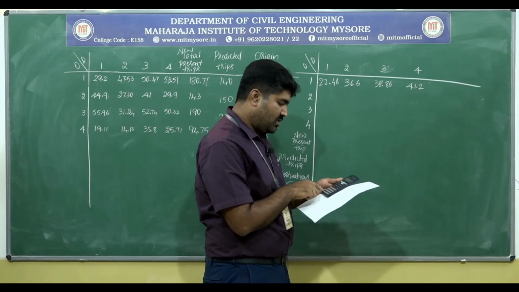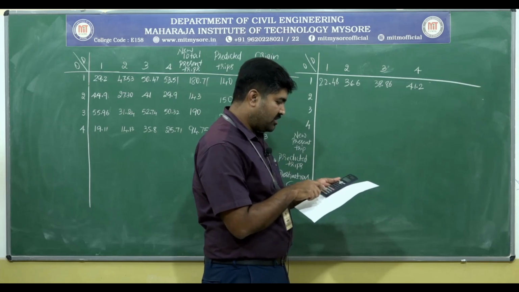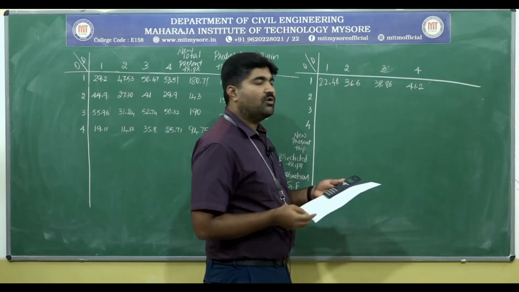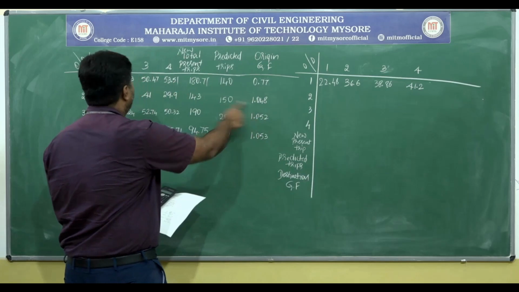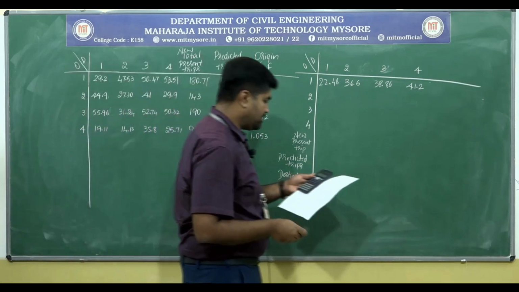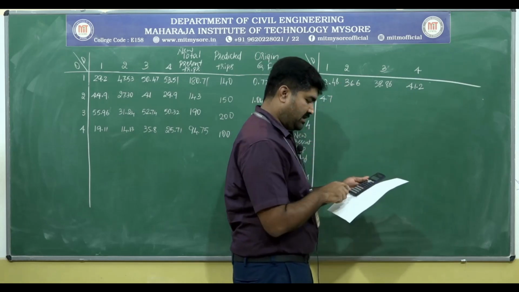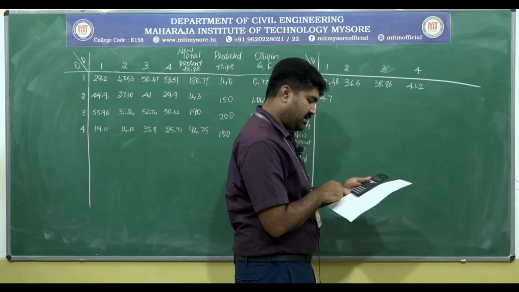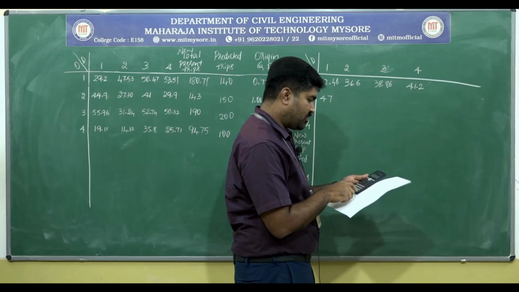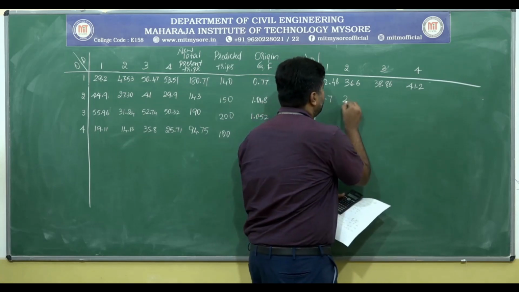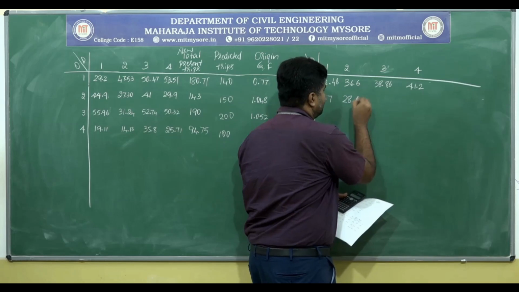Next, 44.9 into 1.048. This should be multiplied for this row, you will get 47. Next, 1.048 into 27.30 is 28.6.